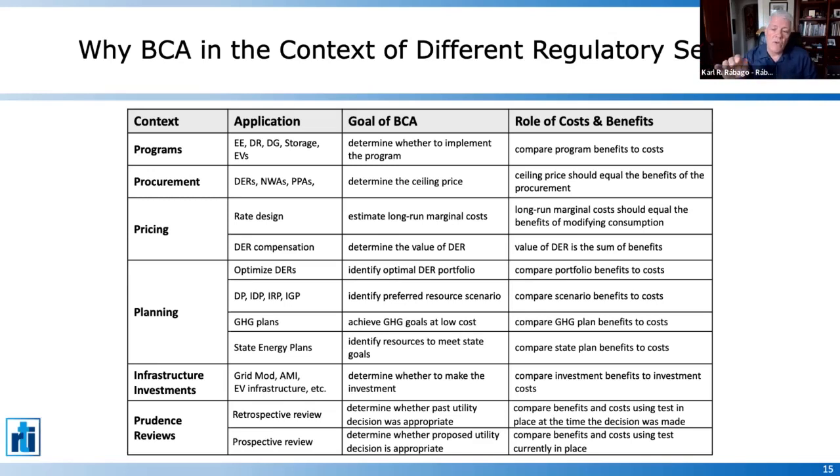If you're thinking about doing something in the electric or gas utility space, and you want a decision that is not just informed by judgment or subjective evaluation, BCAs may well offer you some assistance in turning the outcomes into numbers that you can compare. It goes from new programs all the way to post hoc prudence reviews. I think I've seen them used in every single one of these contexts, and they always make the decision-making easier and better informed.